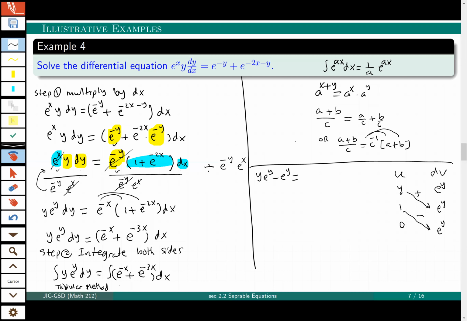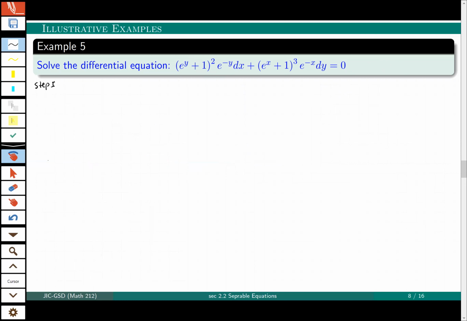Now we continue the same strategy. The first step is to separate.